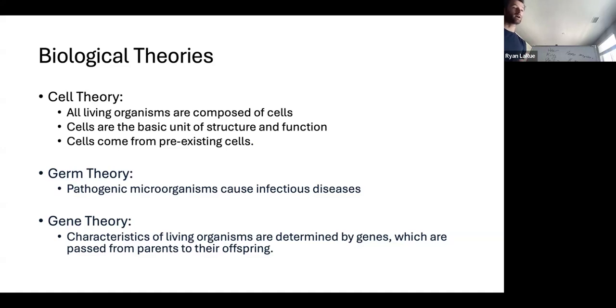The DNA is passed on. And if you get a mutation in one of the cells that gives rise to gametes, of course, that's going to be passed on to offspring. And that is all detailed in gene theory.